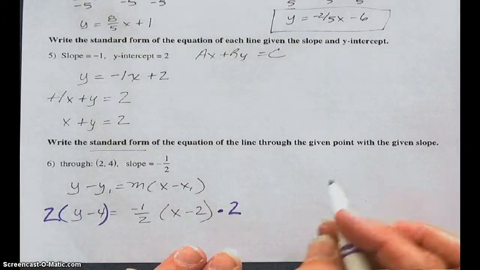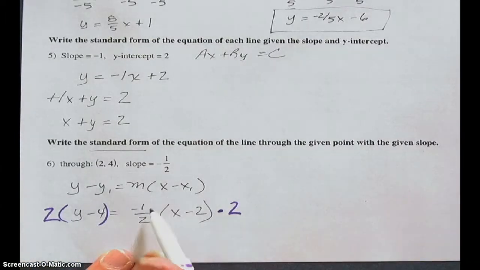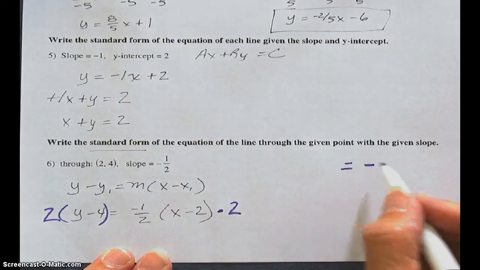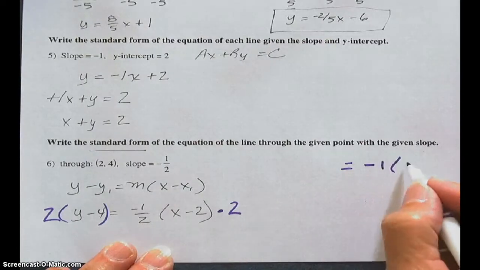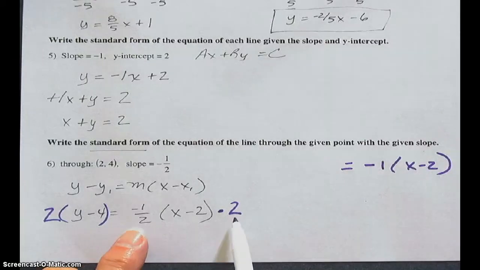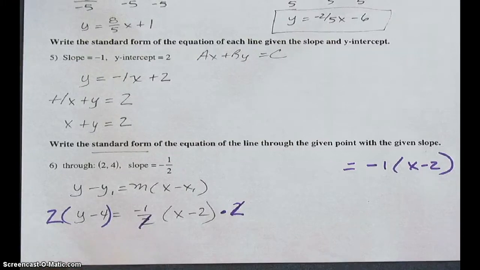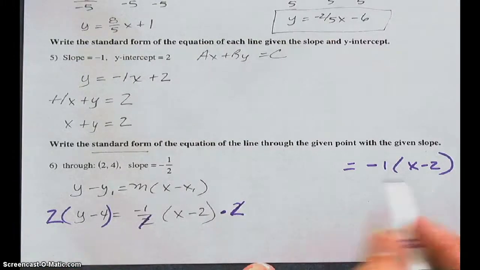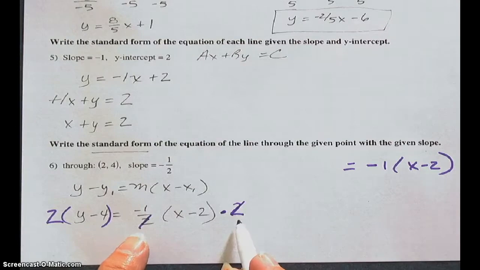And when I do that, negative 1/2 times 2 on the right-hand side will just give me a negative 1x minus 2. Why? Because 2 over 2 is 1, and basically that will cancel that fraction out. So on the right-hand side, that will clear the fraction.